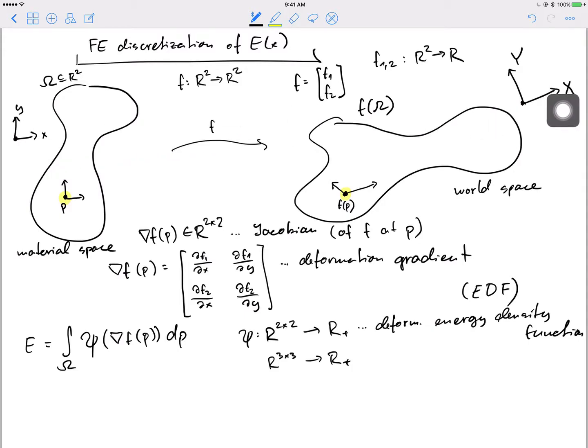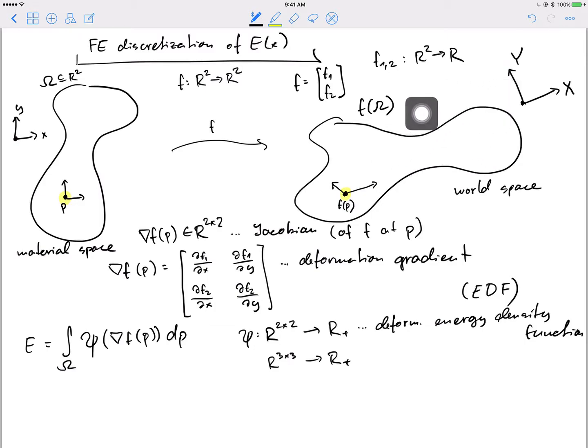And this means coordinates in the world space, okay? And this f is exactly the conversion from the material space coordinates to the world space coordinates. That's the deformation itself. This f can be changing, right? If your object keeps deforming, then at every instance of time, this f changes. So actually, it could also depend on time. In practice, it would depend on time. Right now, I'm just saying, let's freeze one instance in time and look at the deformation itself, regardless of when it happened. Makes sense?